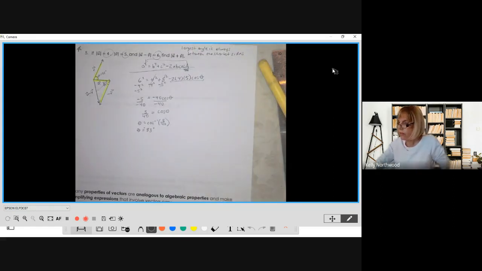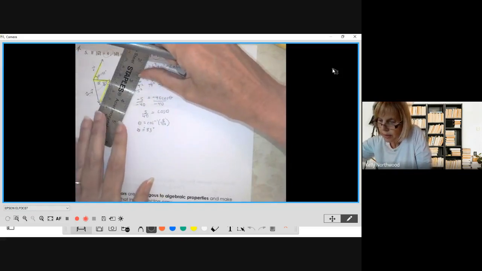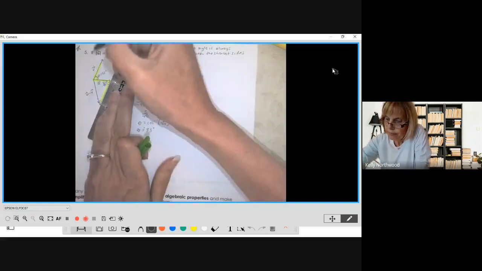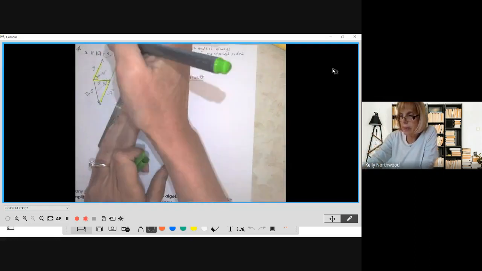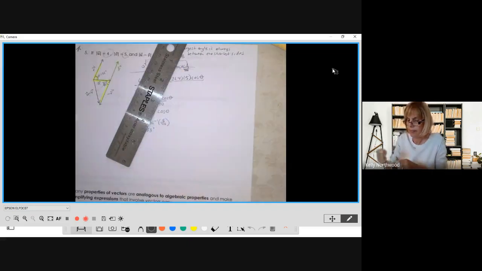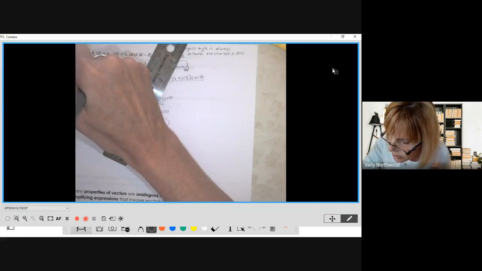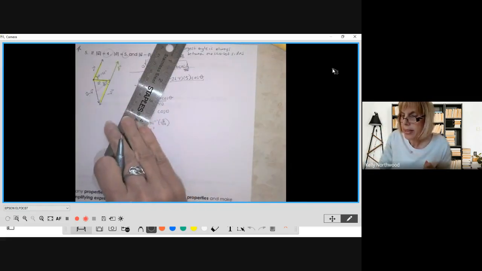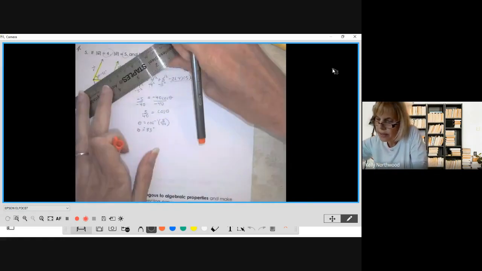So I'm going to move vector v this time to the tip of vector u. Make it parallel and the same length and call it vector v. And then I'm going to draw in vector u plus v. So here's the tail of vector u plus v, and here's the tip of vector u plus v.